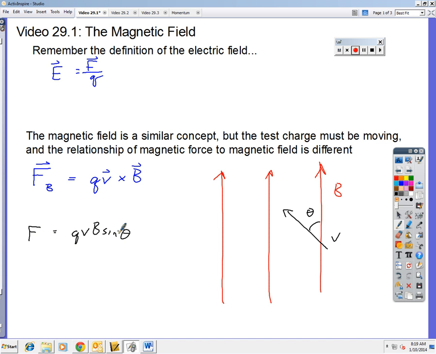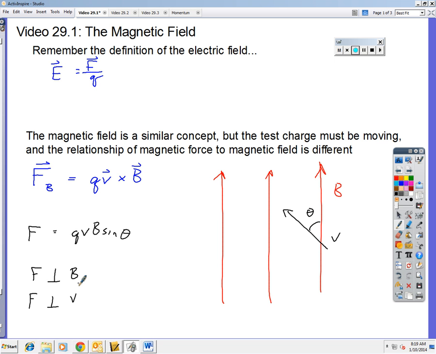Now the other thing is that the direction of the force will be perpendicular to both the magnetic field and also to the particle's velocity. And if you look at this diagram here, there are only two vectors that are perpendicular to both v and B. Those point into the page and out of the page.